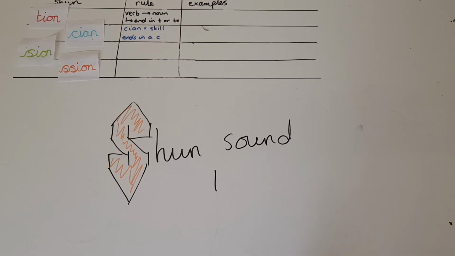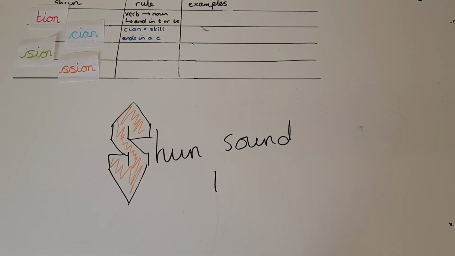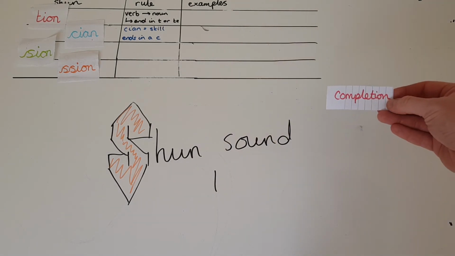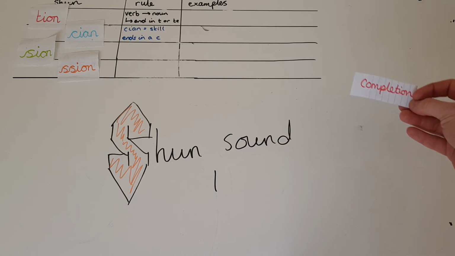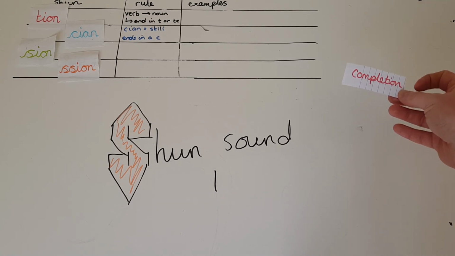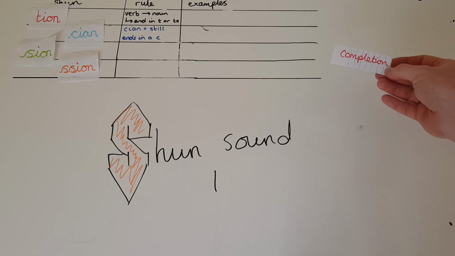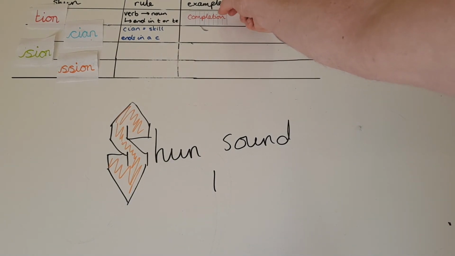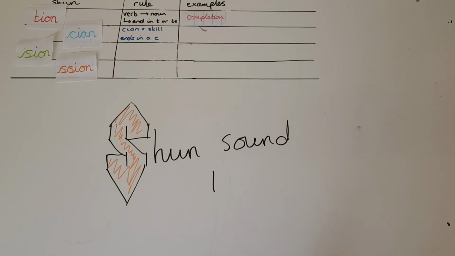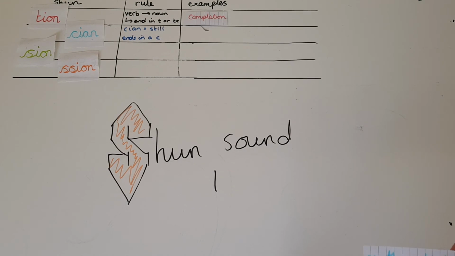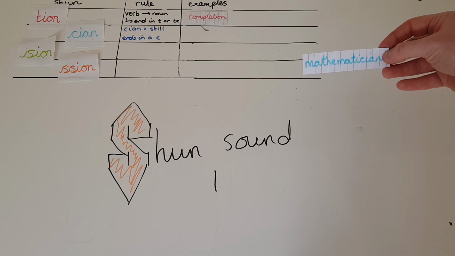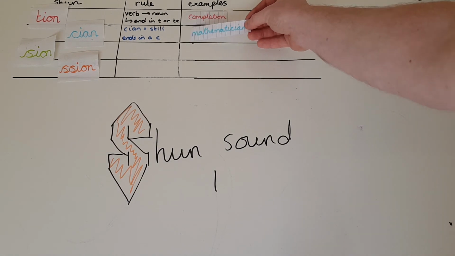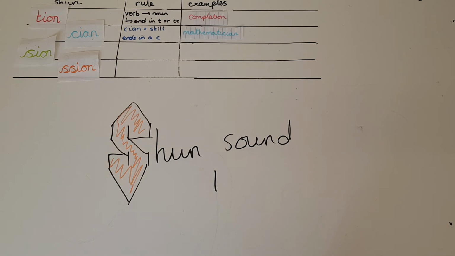The first one I'm going to give you is the word completion. Hopefully, if you look at the word completion, the root word is complete, and to spell complete, it ends in a TE. It is a verb, to complete something. So therefore, it'll go on the TION. What about mathematician? Hopefully, you've worked out that mathematician is a job, and mathematic ends in a C. So therefore, mathematician would be CIAN.